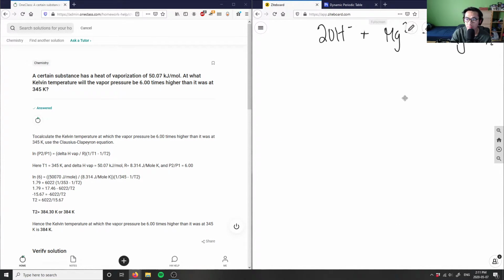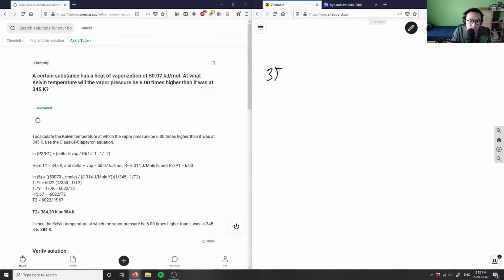Okay, number 3. It's asking us: a certain substance has a heat of vaporization of 50.07 kilojoules per mole. At what Kelvin temperature will the vapor pressure be 6 times higher than it was at 345 Kelvin?